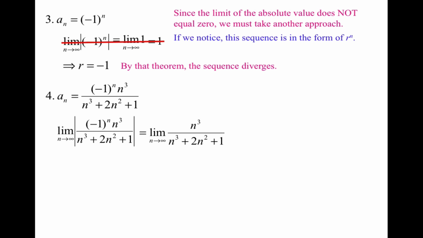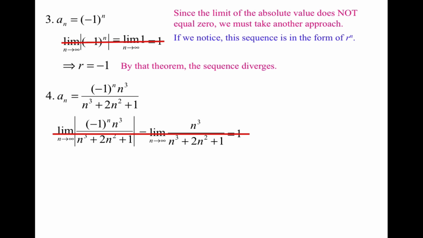If you were to just put in infinity now, you would get infinity over infinity. So you could either L'Hopital, or you can go ahead and factor out the n with the greatest power, which is n cubed, and cancel out the n cubes. And when you do either approach, you will get that the limit equals 1.